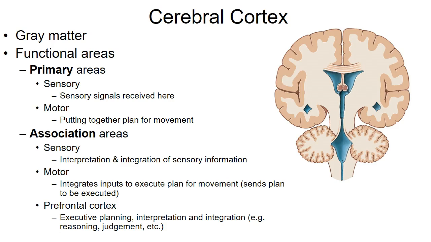No. So where before their injury, they're pretty reasonable and they were able to integrate social cues so they didn't say inappropriate things. Individuals that have problems in this part of their brain, they impair that judgment. And so they can be having difficulty reasoning, saying inappropriate things at inappropriate times and so forth. All right? Okay, so keep this in mind, this kind of primary and association area. It's a super oversimplification, but it's going to kind of help with some of the things we're going to talk about. Go ahead, Charles.